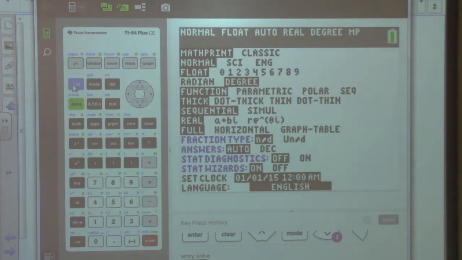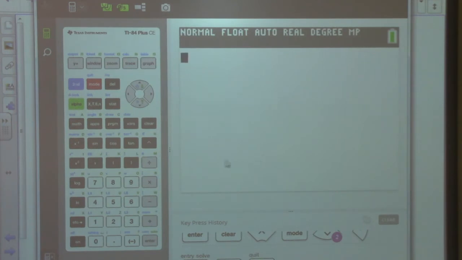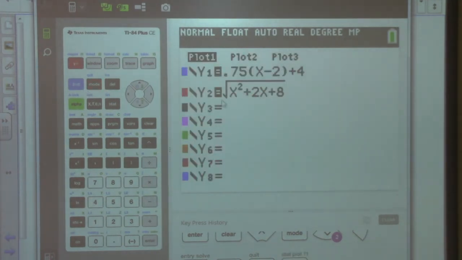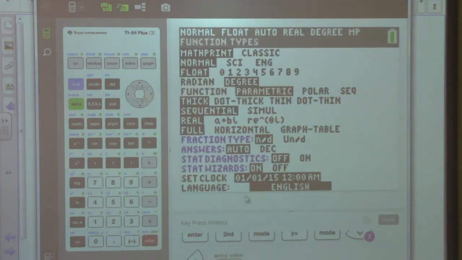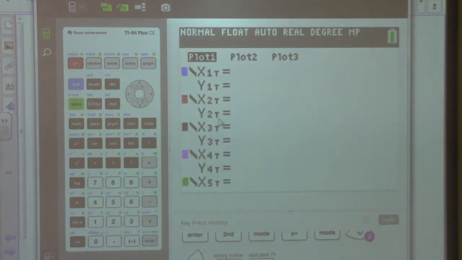That's going to help us. Now, we're not in parametric mode, so I'm going to go to this mode here and change this to parametric. And then we have our equations here.